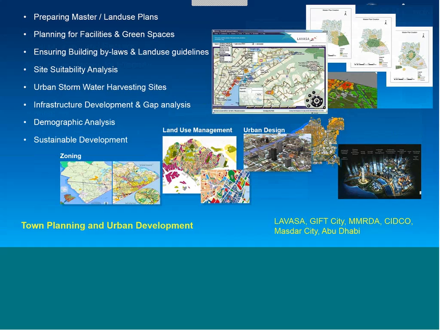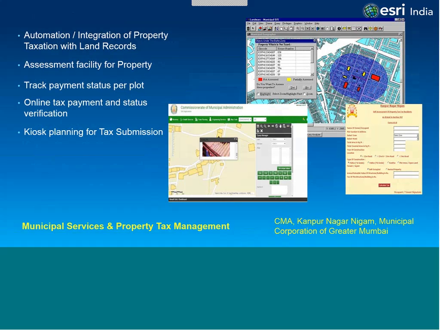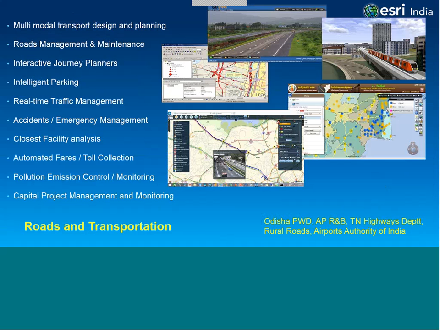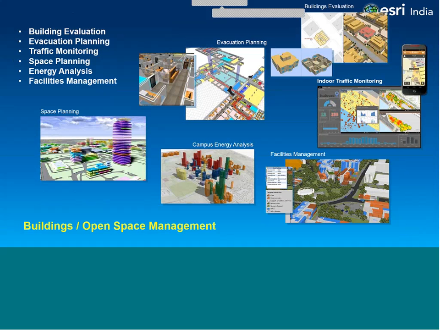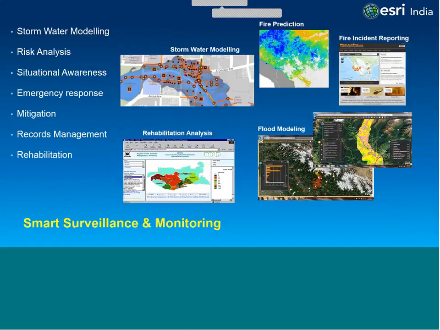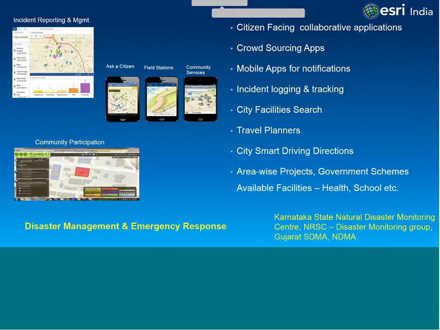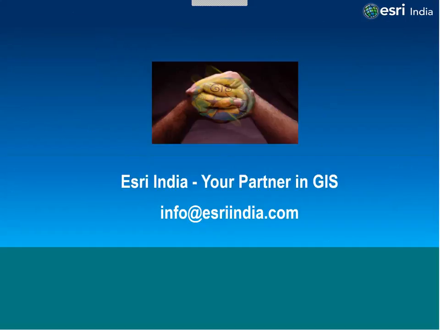These are just the town planning and municipal areas. Then we have roads and transportation. There are quite a few applications which can be created, such as smart surveillance, disaster management, emergency response, and stormwater modeling. All these applications can access these smart master plans prepared using GIS and CityEngine.